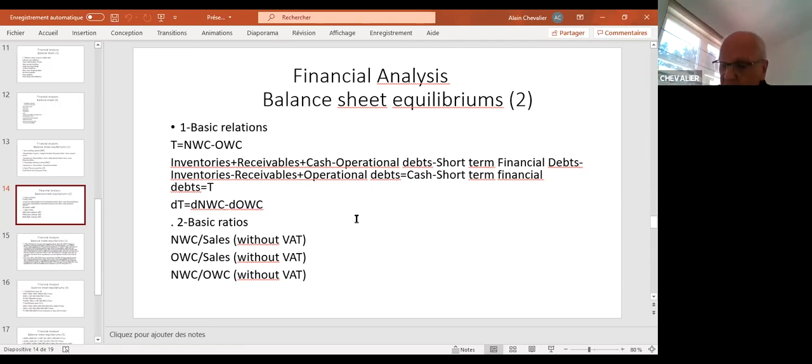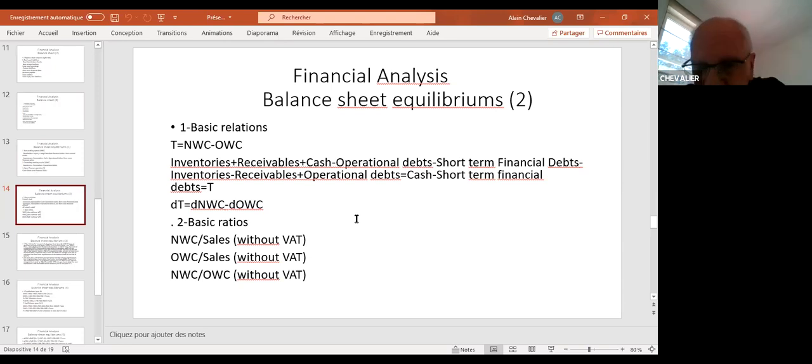If you have a high ratio, but a low percentage financed by the net working capital, that means that the operating working capital will be financed mainly by short-term debt, and that the company has to negotiate regularly with the banks and is not really independent from the policy of the banks.